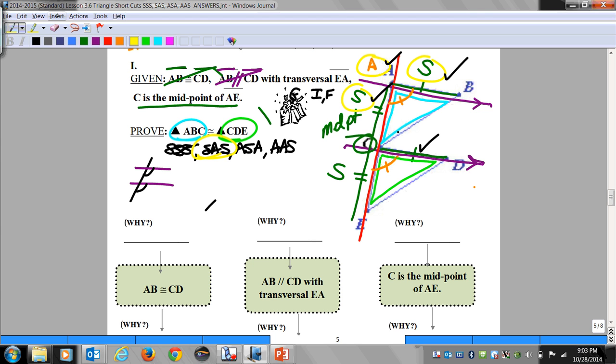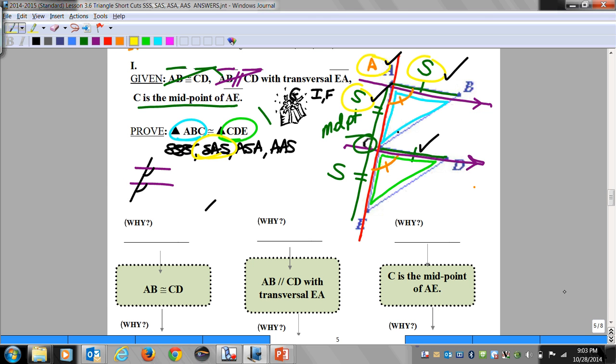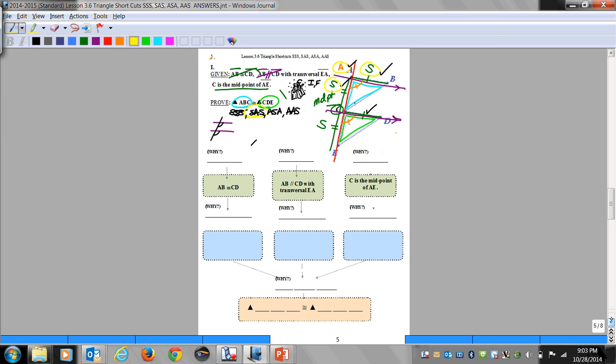So taking a look here, organize this as a web proof. So we asked ourselves, how do we know AB and CD are equal? Well, that was straight up here in the given. So we know this was given. And that gave us our first pair of sides.